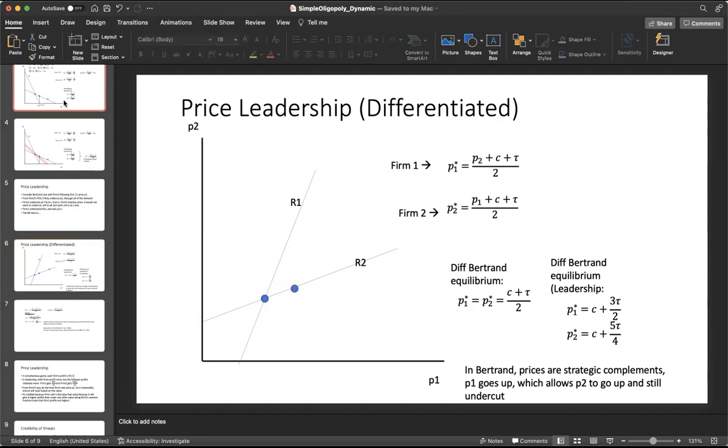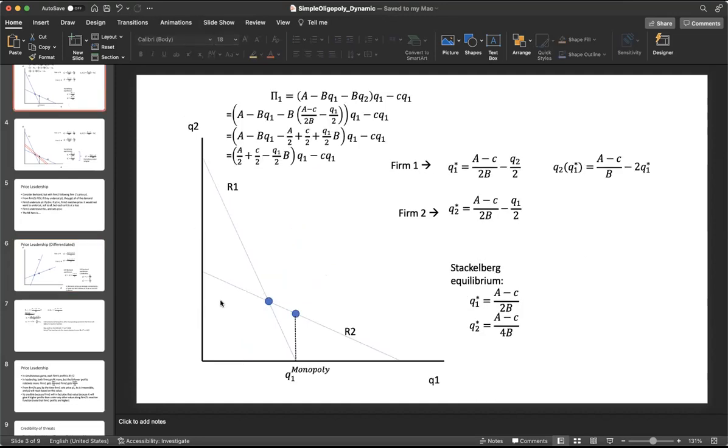In fact, we can see the same thing here in Stackelberg, right? I have a question. Under Stackelberg, is the old Cournot-Nash equilibrium achievable? Remember, firm 1 is choosing along this R2. Could it have chosen this old one?